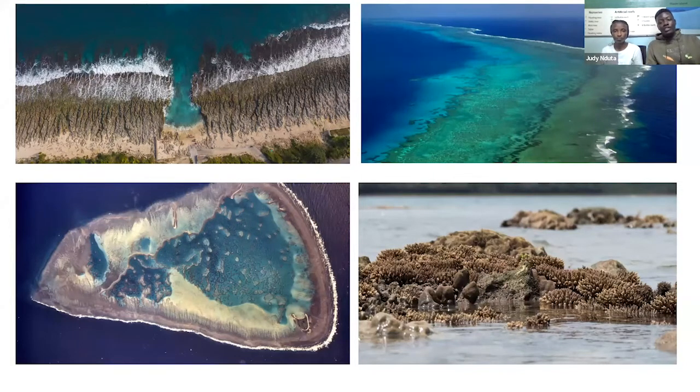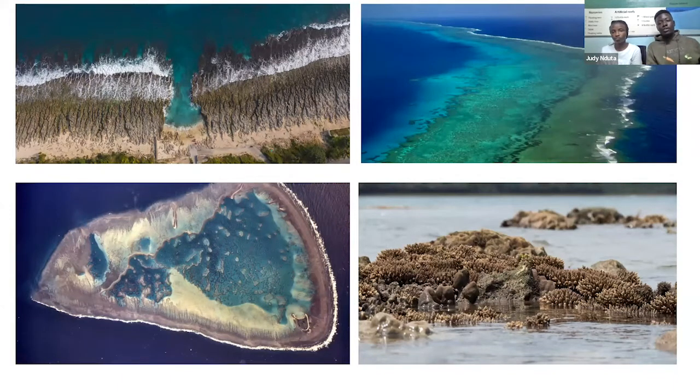Right next to the fringing reef picture, we have a barrier reef. Unlike fringing reefs, barrier reefs are characterized by a deep, widespread lagoon that separates the reef from the shore. Barrier reefs consist of various reefs combining together and forming a vast barrier along the coastline.